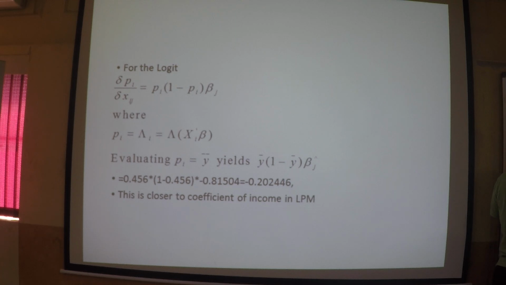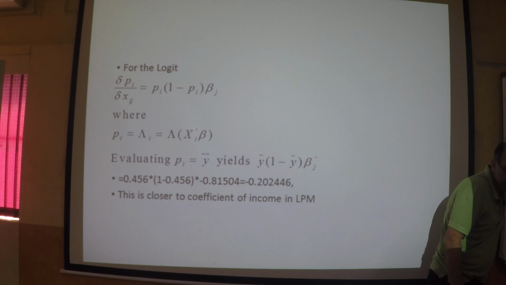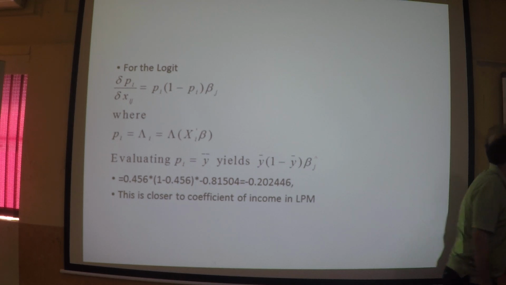So pi is equal to e raised to x dash beta over 1 plus e raised to x dash beta, okay? Now if you differentiate this with respect to xi, what will you get? You have to do the u by v rule.